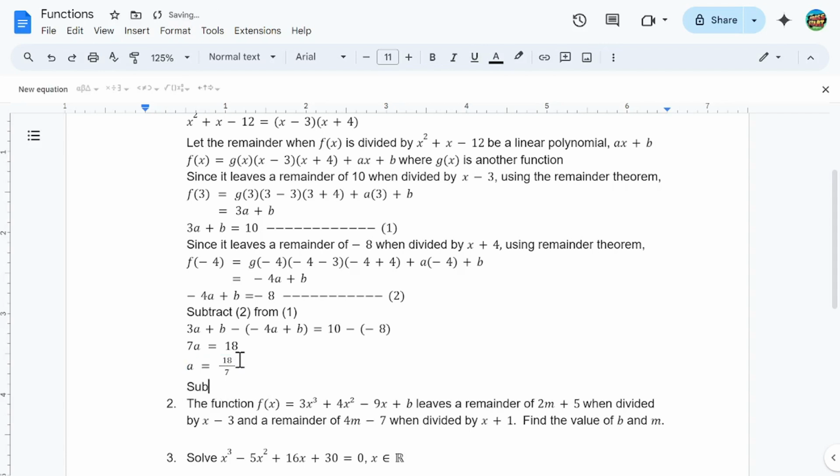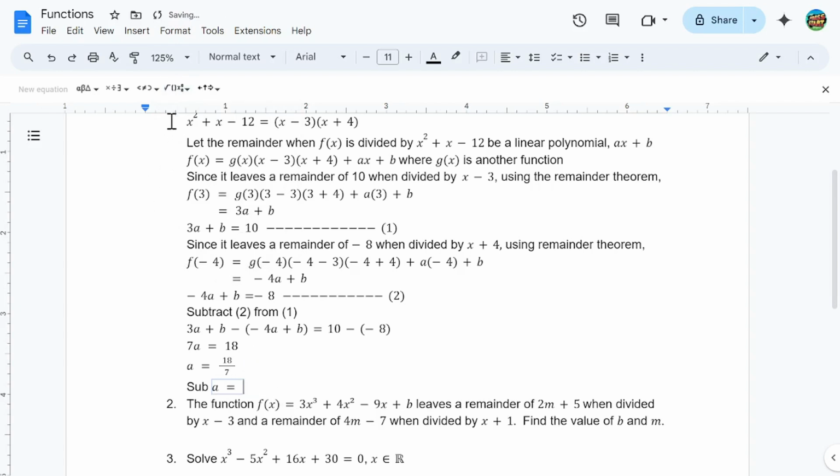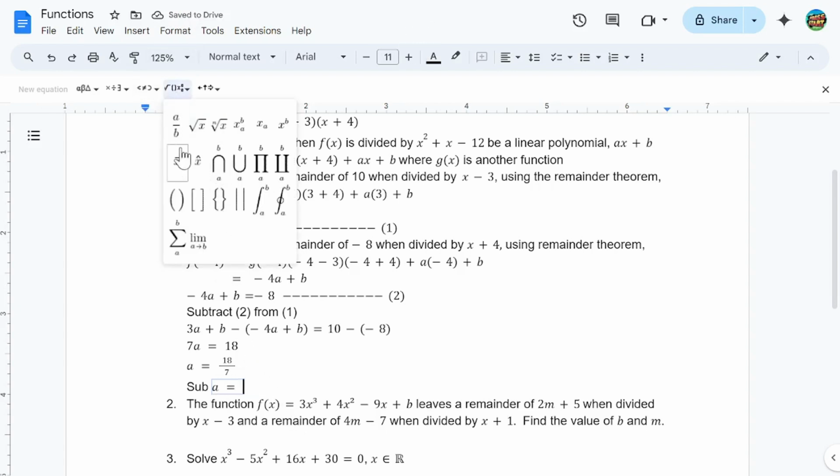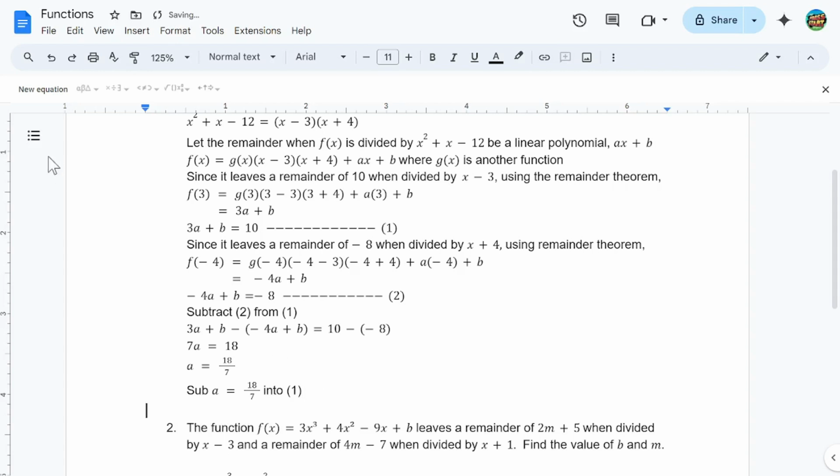So we need to substitute a equals 18 over 7 into equation number 1. Or you can do it into equation number 2. But I rather substitute it into equation number 1 because I do not want to deal with negative numbers.